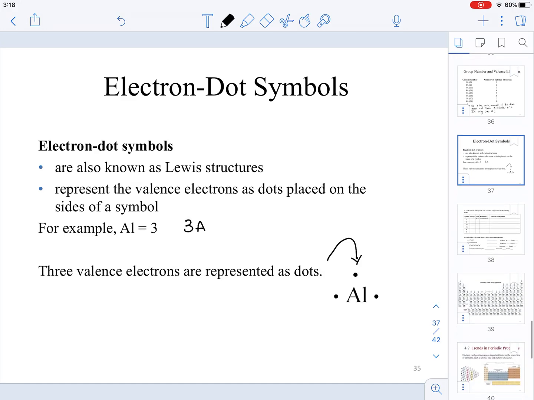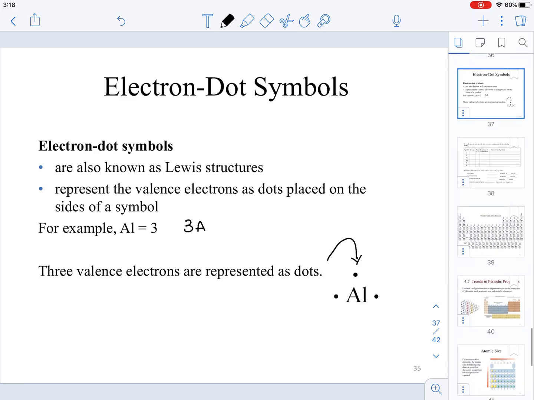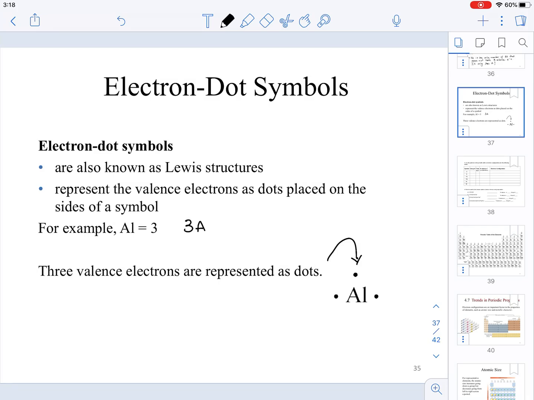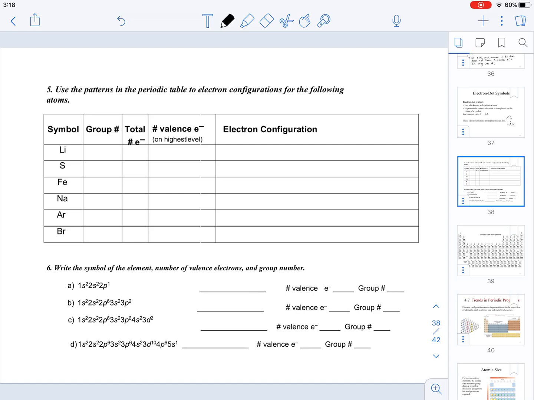Now, let's actually do some practice problems to understand the whole idea of electron configurations. As you can see here on problem 5 and 6, I'm not going to do all of these problems.